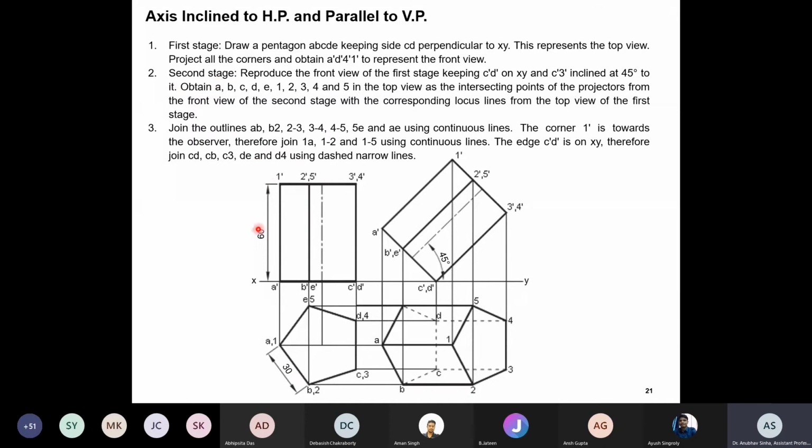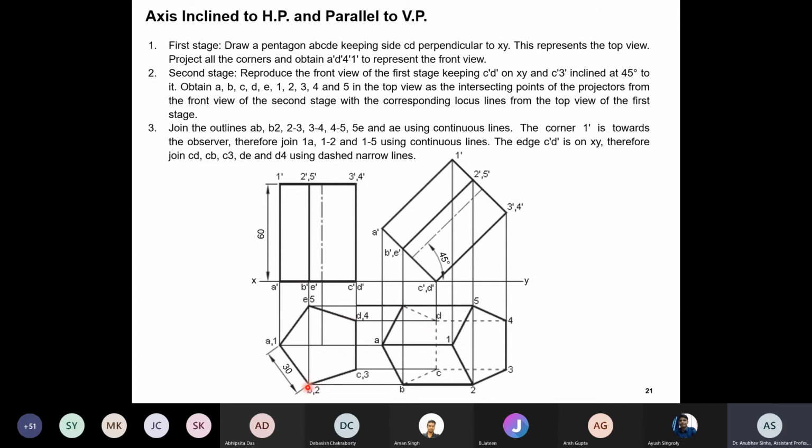In the second stage, take this, measure all the sides and incline it at an angle of 45 degrees. Exactly the same; imagine that you are just lifting this and putting it at some angle. Using this you can make this view, and bring the projectors down. If you remember, we covered a very similar case for a hexagon at some inclined angle.